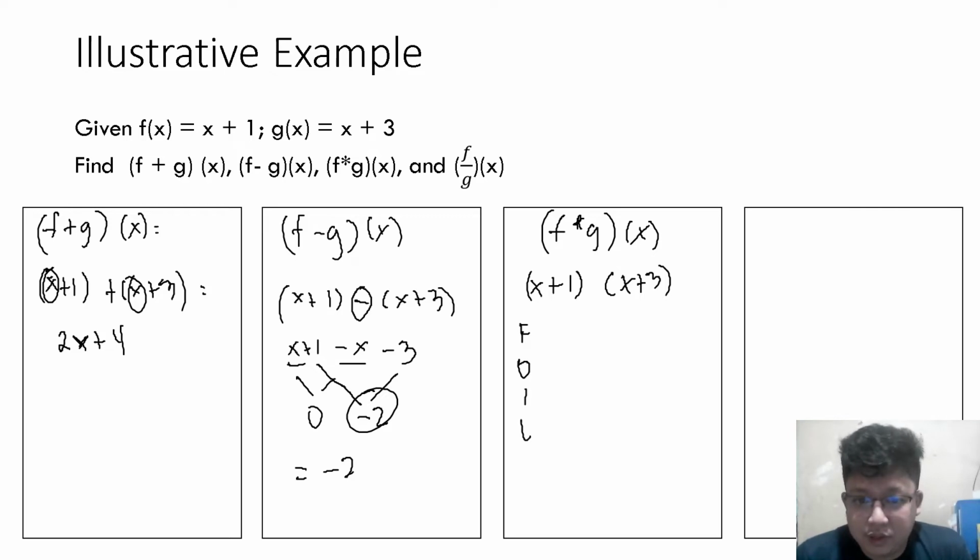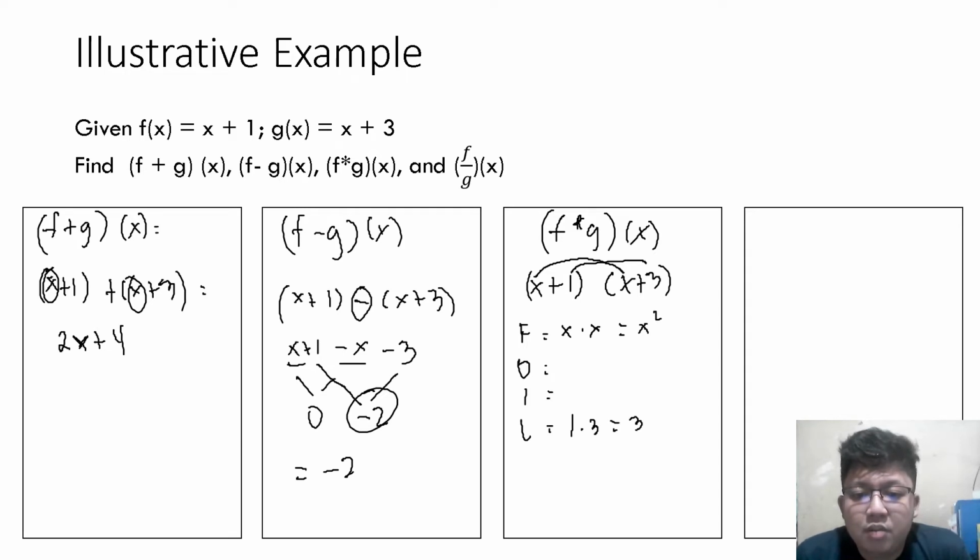F is for the first terms. The first terms are x times x, and this is x squared. Next, for the outer terms, sorry, this is not the outer terms; rather, they are the last terms. So here we put them: 1 times 3 equals 3.